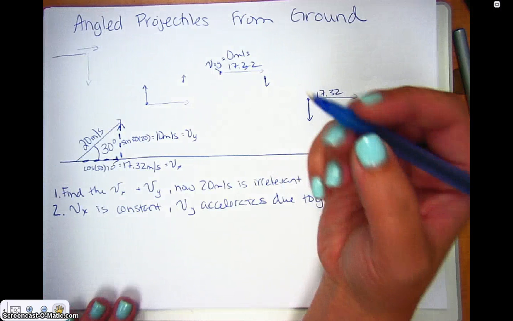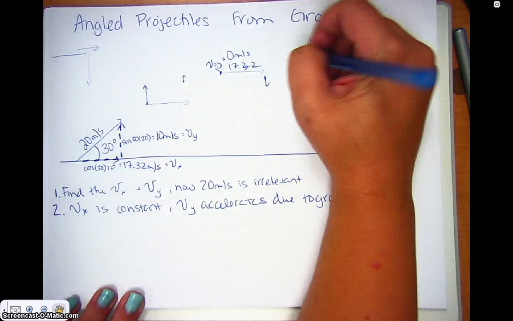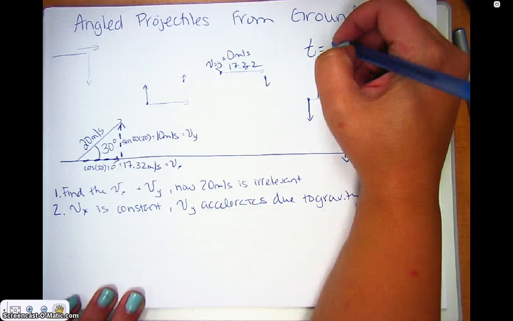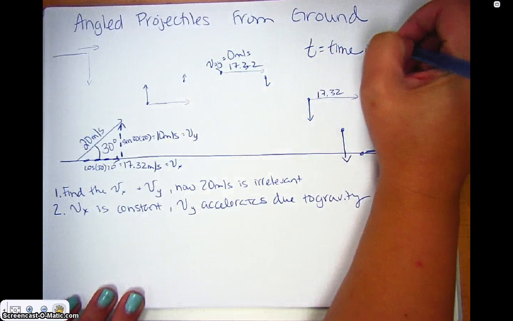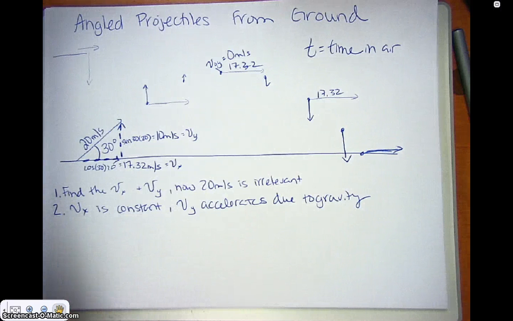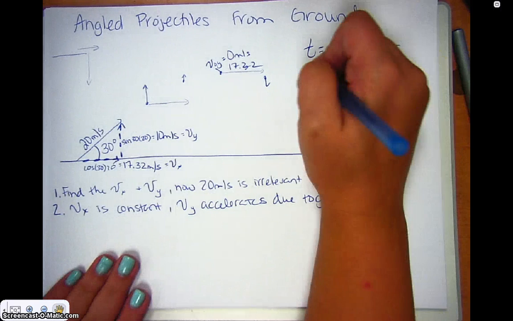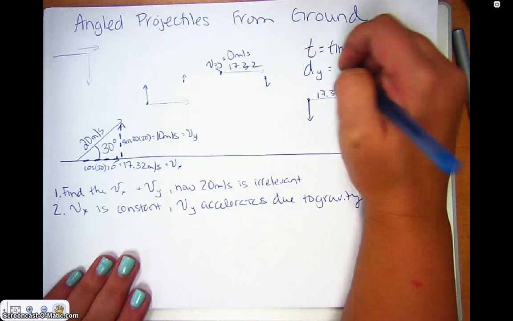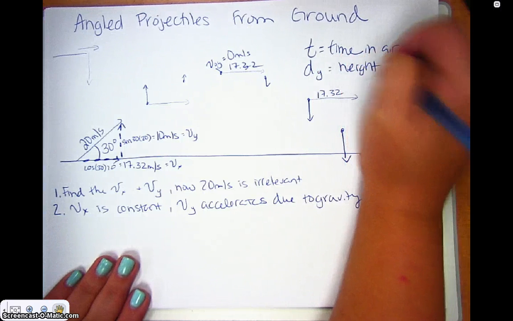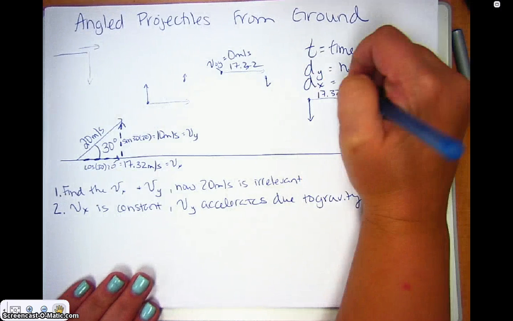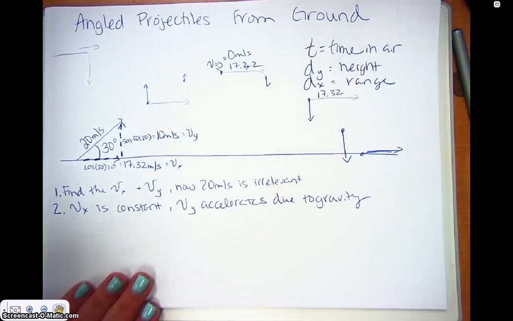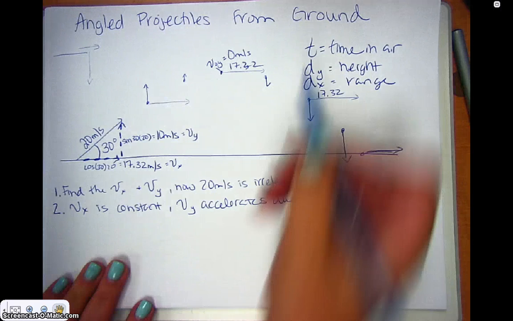I want to know the time in the air. Let's also figure out dy, which would be the height the projectile reaches, and then dx, which would be the range the projectile reaches. So, time in the air.